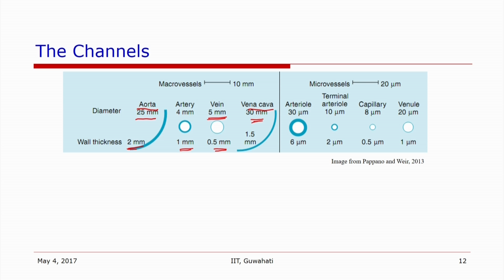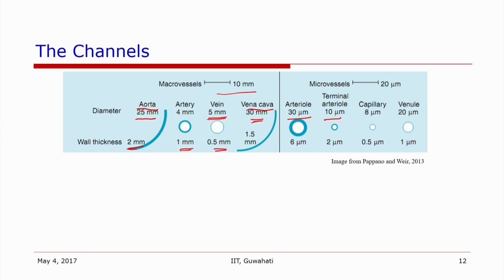So, all these large, millimeter-size channels or vessels are known as macrovessels, and the smaller arteriole, terminal arteriole, capillaries and venules are known as microvessels, because they have a size of a few microns.